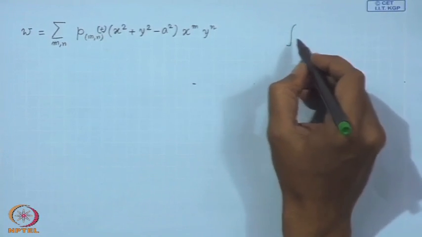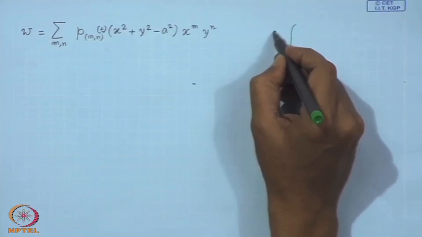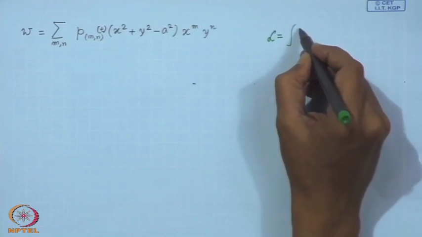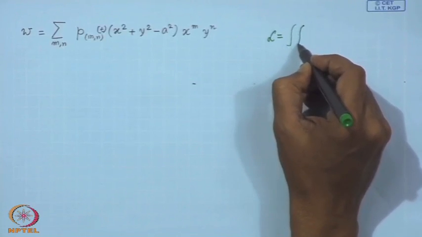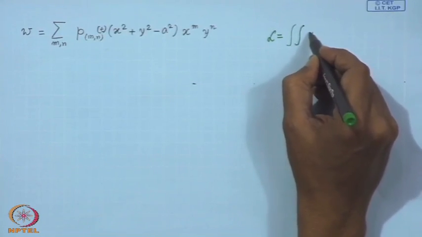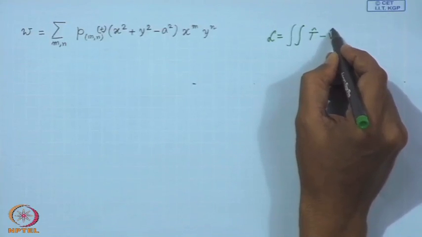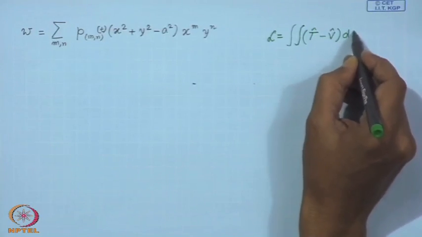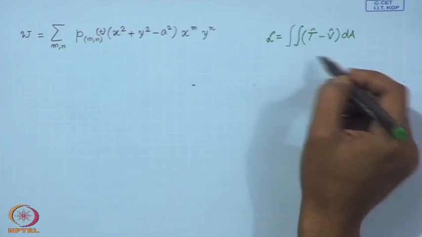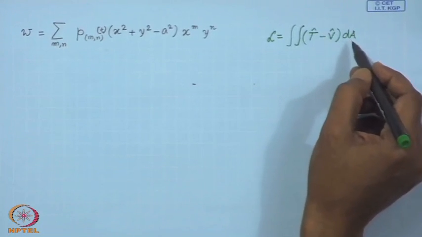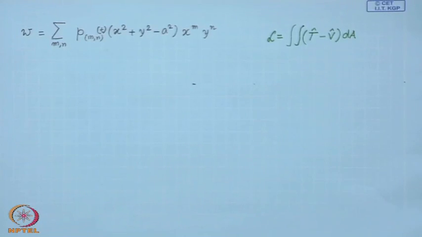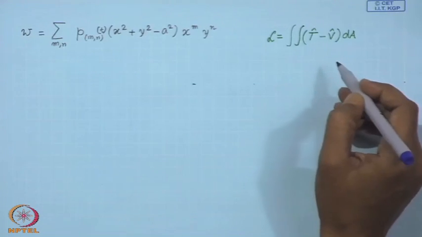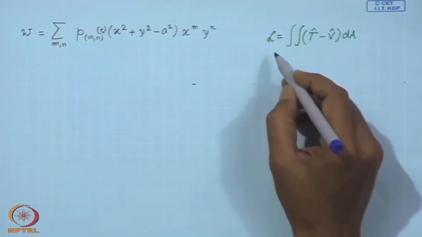So, we will calculate the Lagrangian, which is obtained as an integral over the area, dx dy. So, we will integrate over x and y to obtain the Lagrangian.